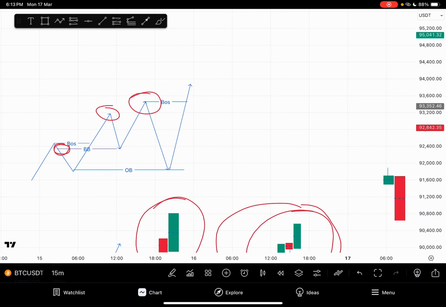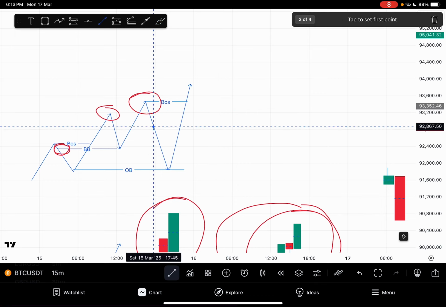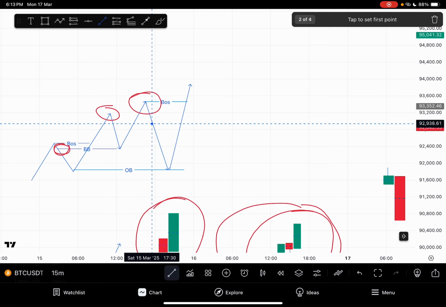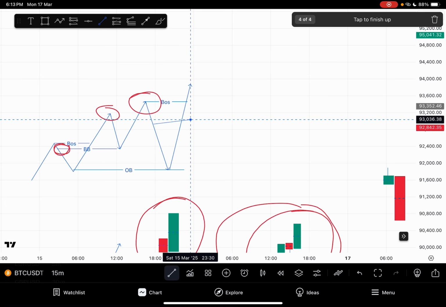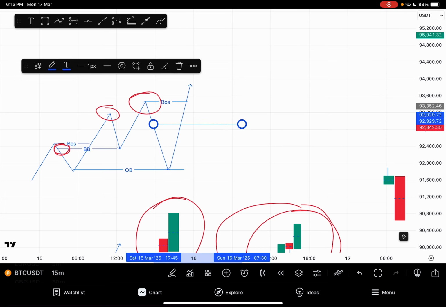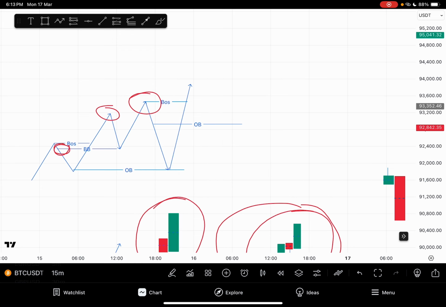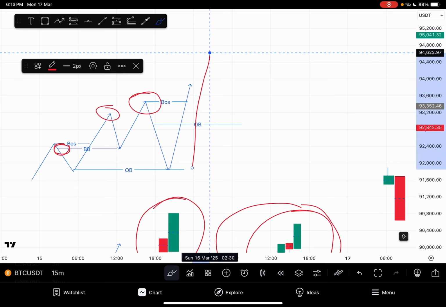So now after this break of structure, what should you do next? You look for another order block or another breaker block. So let's say you spot another order block here, and price was supposed to retest on the order block at this point after the break of structure, and suddenly you see price broke above the OB.